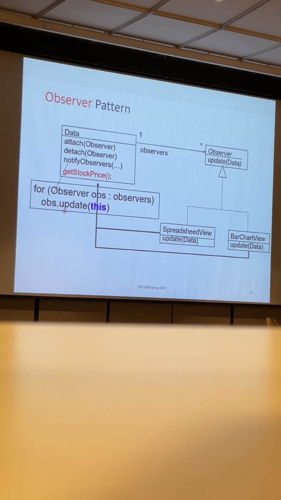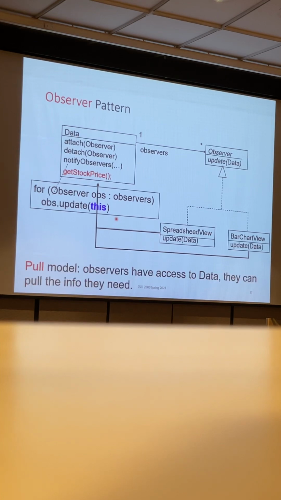If we do this update this, we are sending, what is this? This is an instance of the model, right? Because this is inside notify observers, and this is part of data class. So we push the update to the observers, right? So yes, no. We see that in fact it's not a push model; it's a pull model, right?